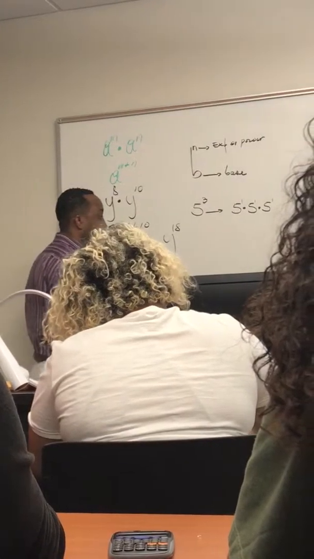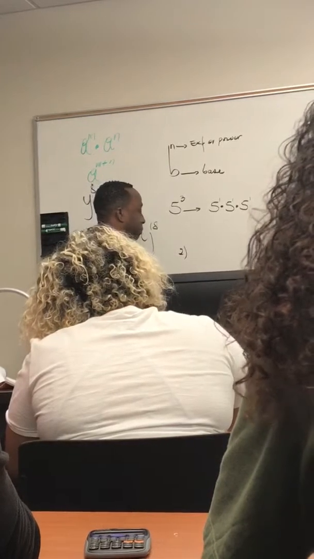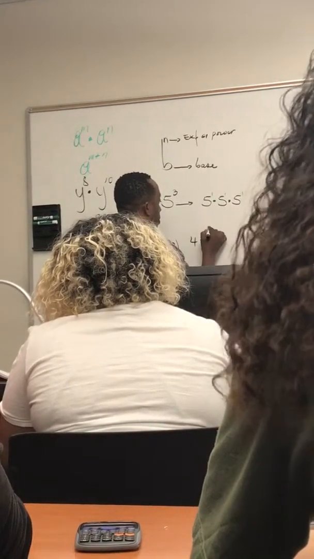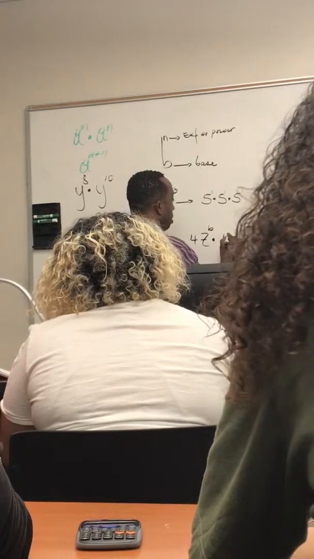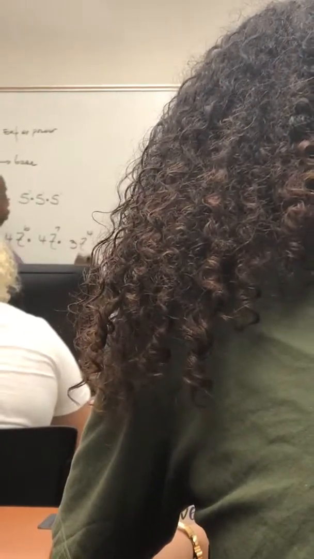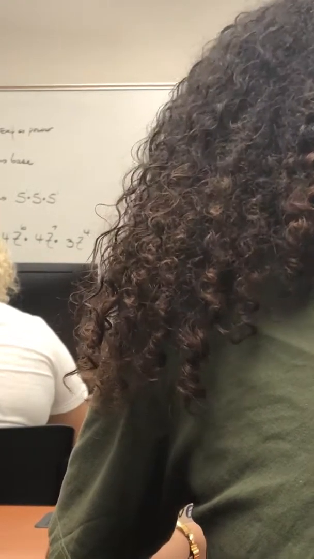Let me give you a second example here. Let's say I give you z to the 6th power times 4z to the 7th power, and then times again, instead of z, let's say 3z to the 4th power.